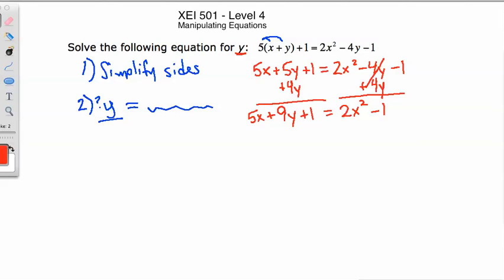We're still not quite to the point where we can do anything else because y is not by itself with whatever numbers attached to it. We still need to get rid of this 5x and this plus 1. So we're going to subtract 5x and subtract 1.